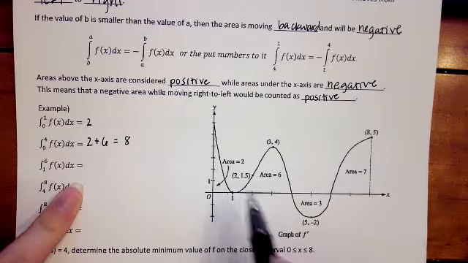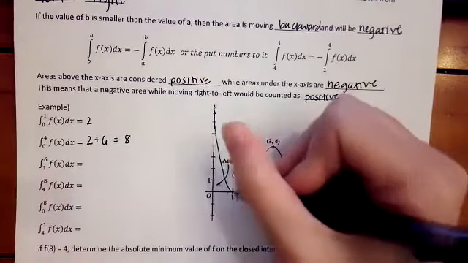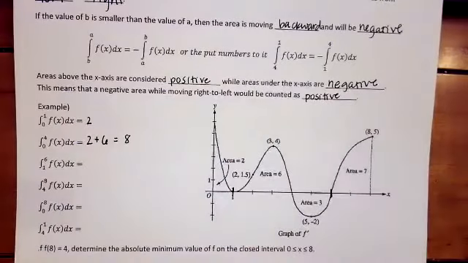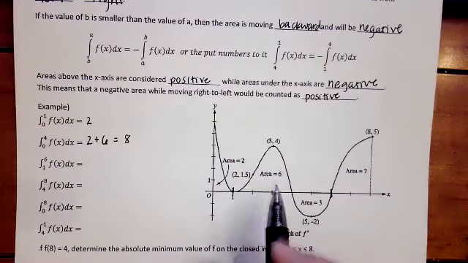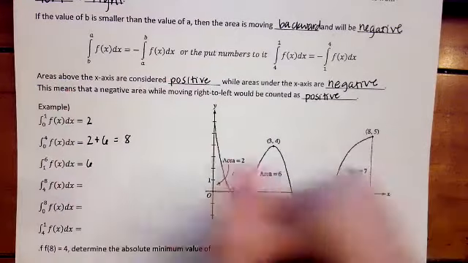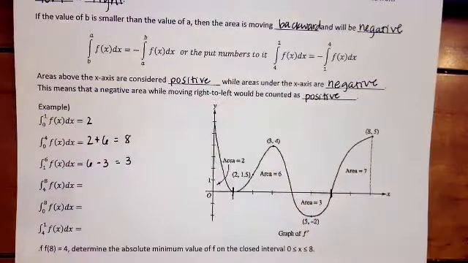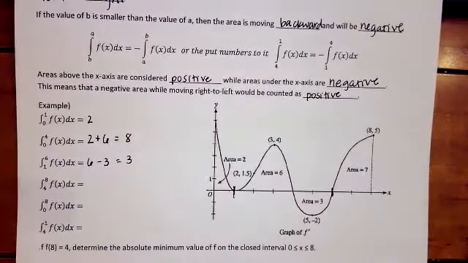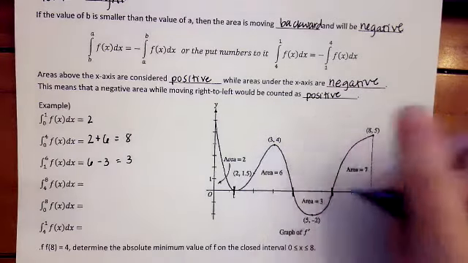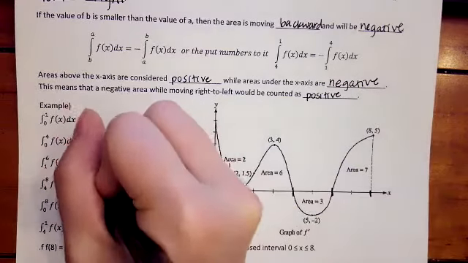If we're going from 1 to 6, we're getting this area of 6 in here, but then this area of 3 is under the axis, so we're going to subtract it off for a total area of 3. If we're going from 4 to 8, here's 4 all the way to 8, we start out with a negative area of 3.